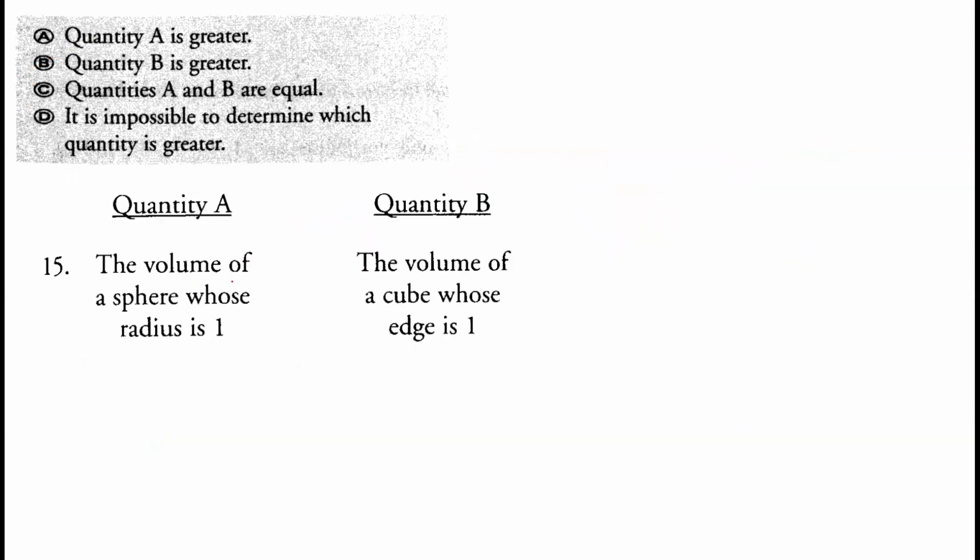Now the volume of a sphere whose radius is 1, and the volume of a cube whose edge is 1. The volume of a sphere is 4 upon 3 pi r cube, and the volume of a cube is x cube. So the edge is 1, so the volume would be 1. Over here, the radius is 1, so 4 upon 3 pi into 1.